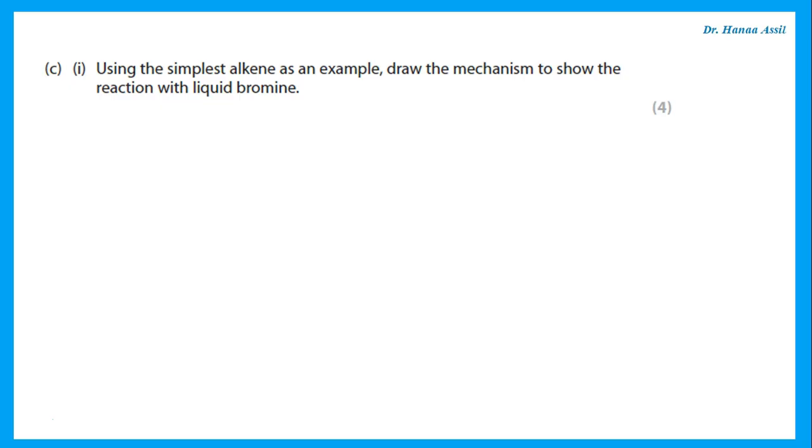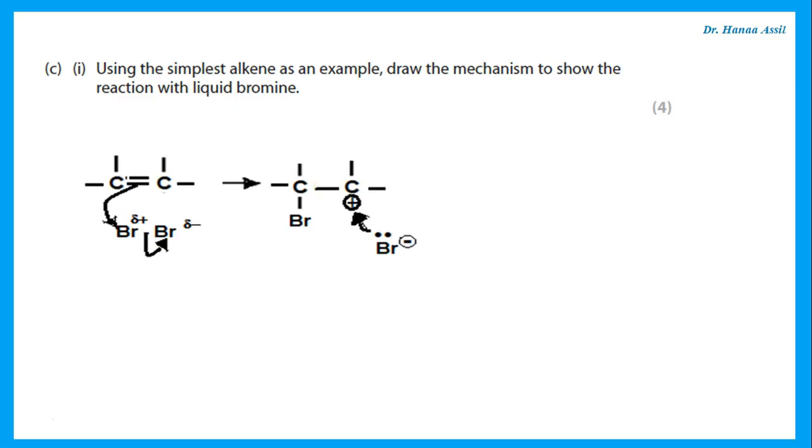Using the simplest alkene as an example, draw the mechanism to show the reaction with bromine. If I have a double bond, remember this reaction is called electrophilic addition. We are reacting it with bromine.